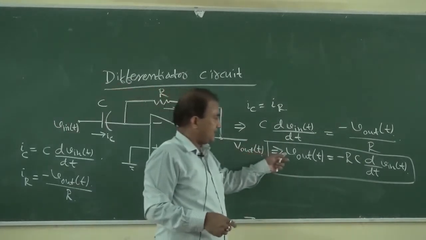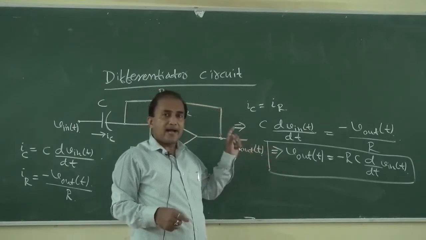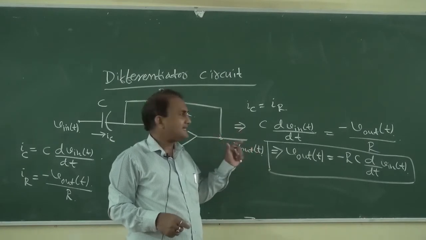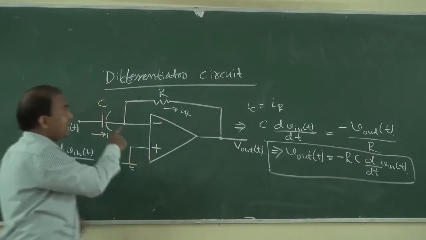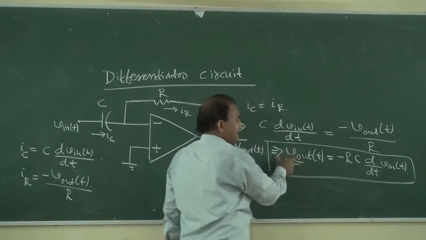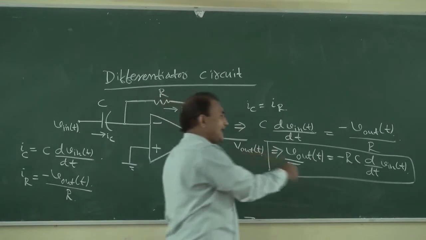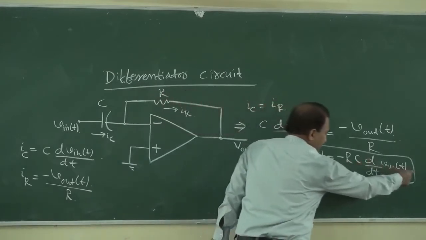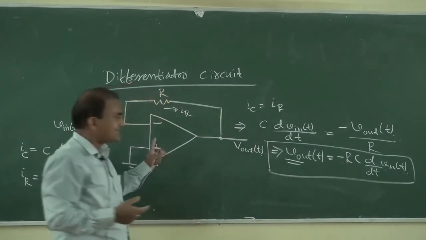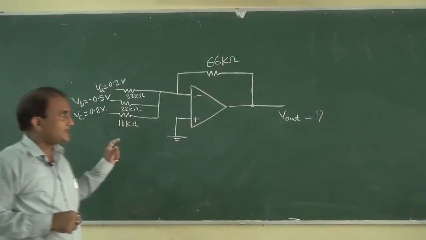In this equation we can see that V output T is equal to minus RC into the differentiation of the input, that is V in T. That is why it is known as a differentiator circuit, because the output is equal to minus the time constant RC times the differentiation of the input d by dt of V in T. Okay, now we will see some examples.